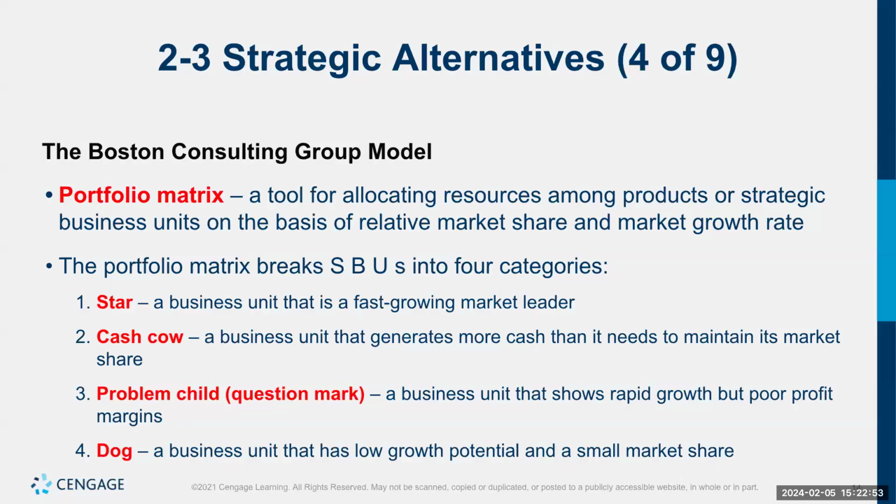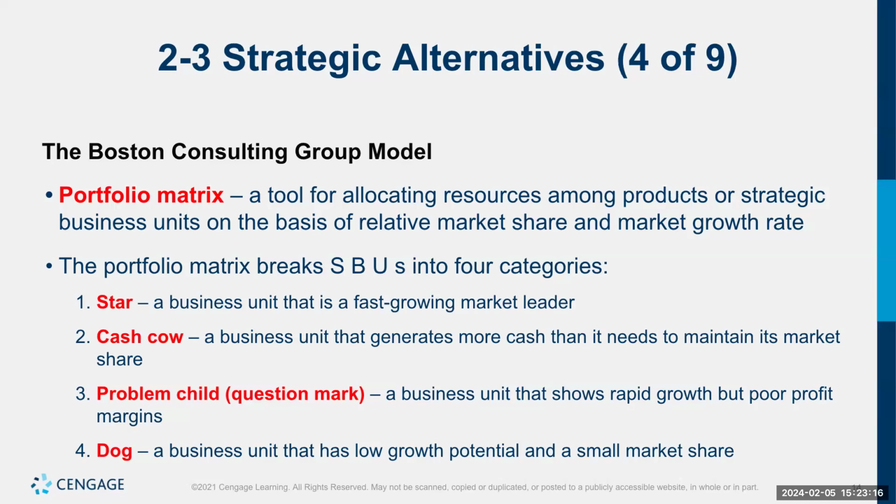So continuing on with the Boston Consulting Group, we're looking at the portfolio of this matrix. Again, we have these stars, and we went through these earlier as well. The stars are the things that keep growing relatively quickly. We have cash cows, which generate more cash than they need to maintain their market share.